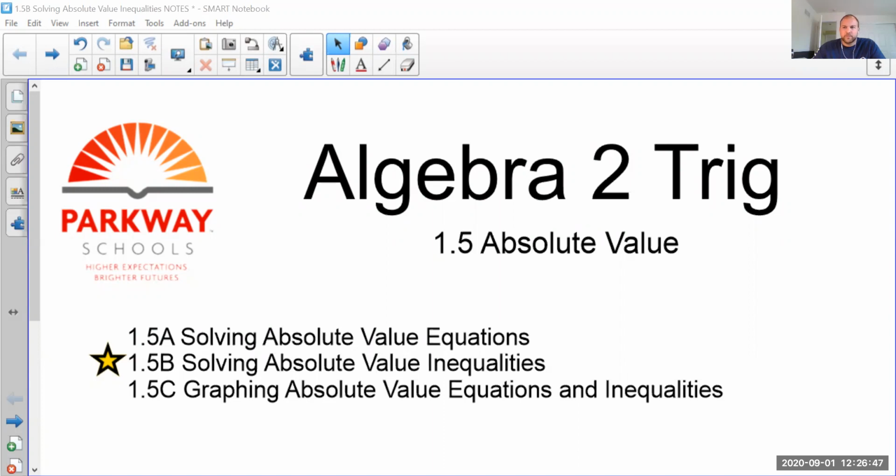All right, so today is 1.5b. Yesterday we really introduced and started talking about absolute value. Today we're going to continue on with absolute value. Absolute value is going to be the last thing that we cover this unit before we take our test on Friday.